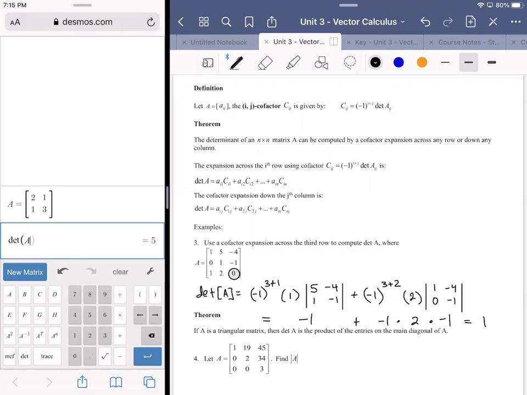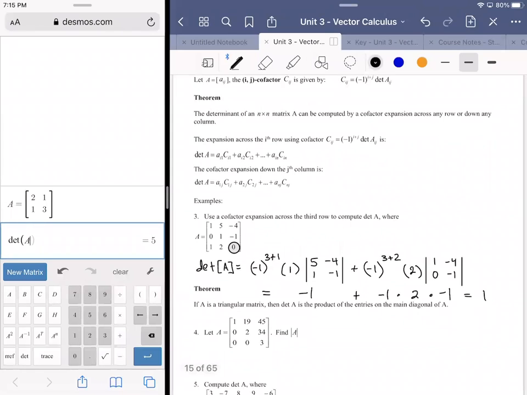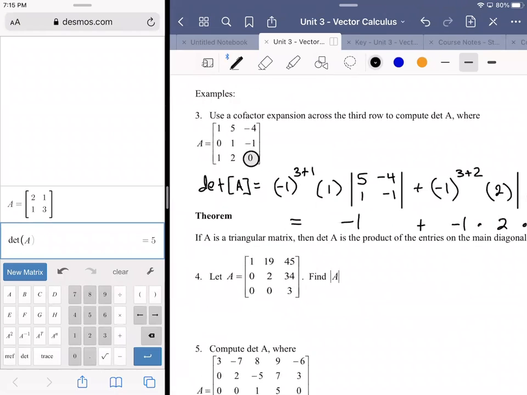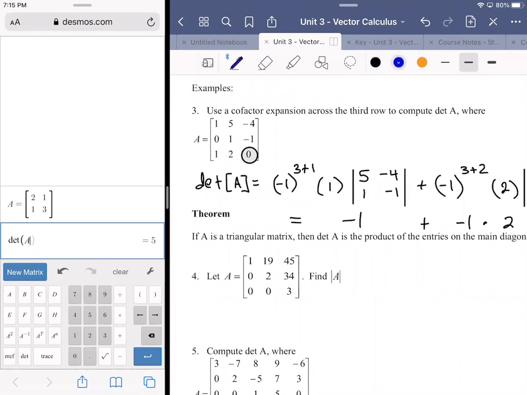So let's actually use the i-j cofactor expansion in order to handle this one, and we'll work across the third row again. So the determinant of matrix A, again, rows and columns, we've got 3 rows, 3 columns.